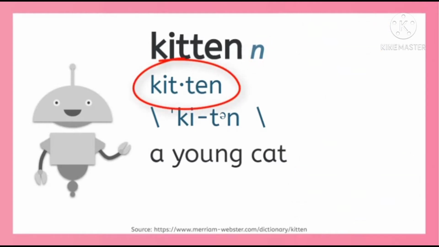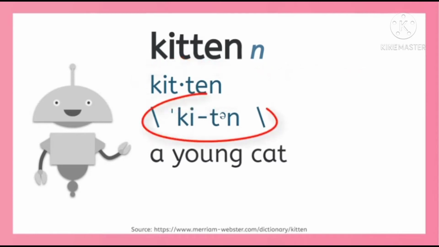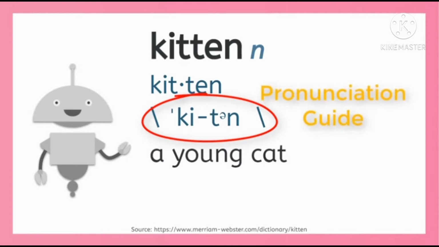Now, on the next row, we see kitten with a dot in the middle. That dot is splitting the word into 2 syllables, so you can see that kitten has 2 syllables, kit-ten. Then on the next row, between 2 slashes, we have kitten spelled in a funny way. This is called the pronunciation guide. That helps us to know how to pronounce the word.